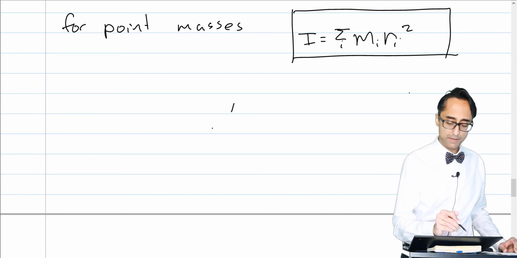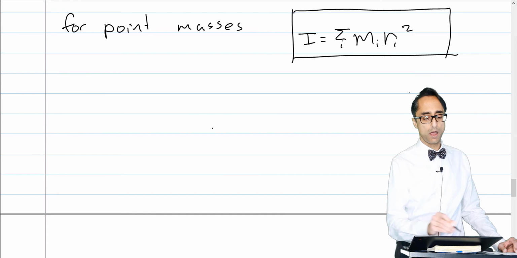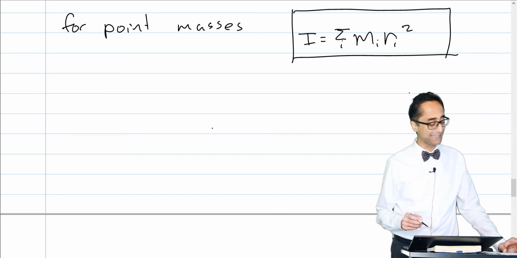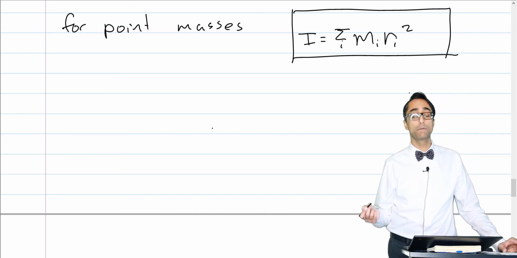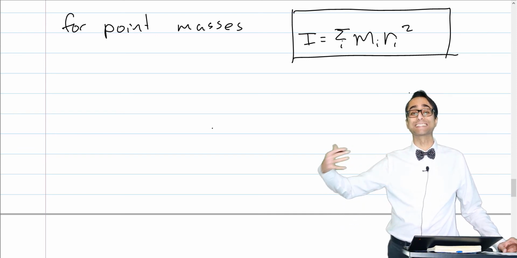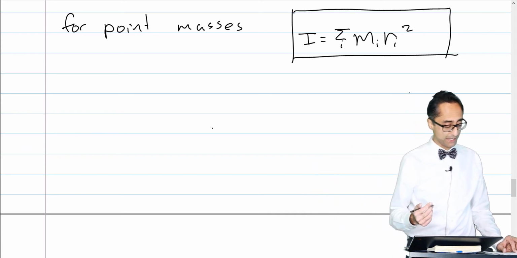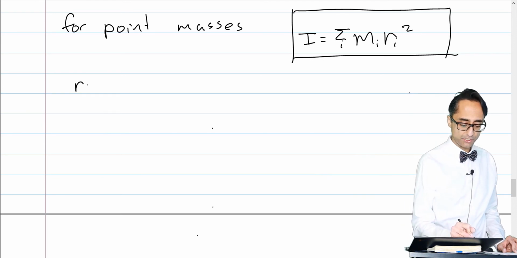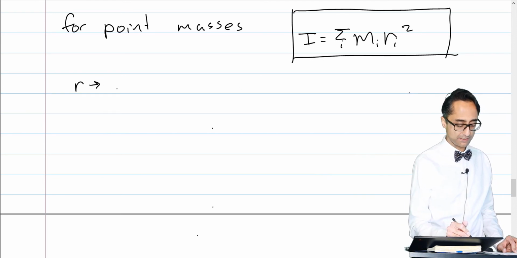Now, more interestingly than talking about the angular momentum of a point, you want to talk about the angular momentum of a mass distribution, something that actually has a size to it, and you can do that as well. Let me mention that this r here is the distance from the rotation axis to the mass.